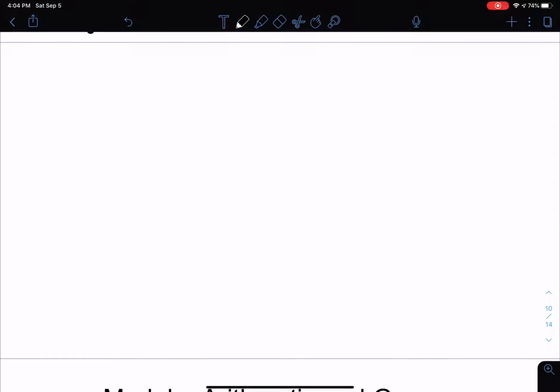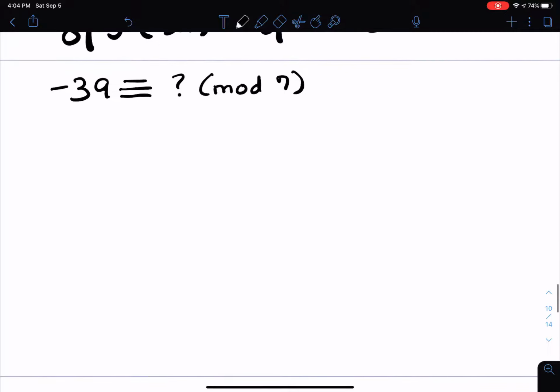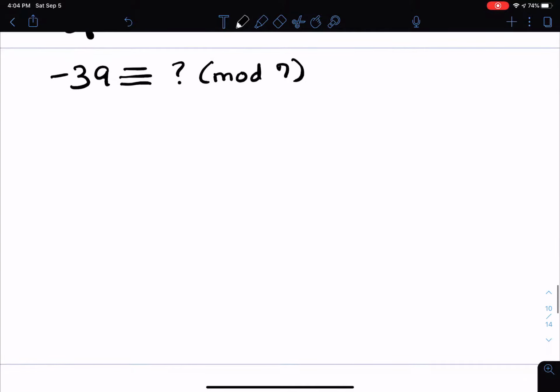Negative 39 is congruent to what mod 7? So the modulus is 7, so we're thinking about multiples of 7. You've got 7 times 1 is 7, 7 times 2 is 14, 7 times 3 is 21, 7 times 4 is 28, 7 times 5 is 35, 7 times 6 is 42.